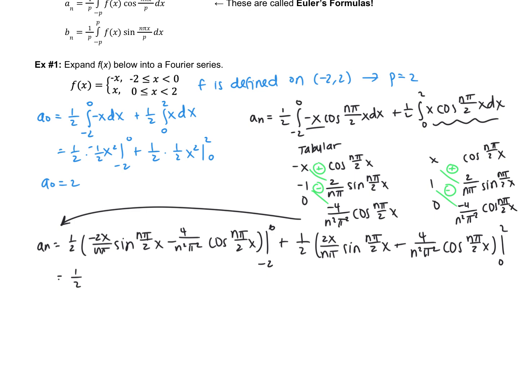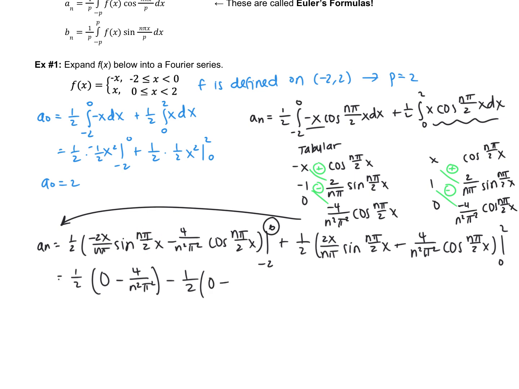Okay, so when we plug in the zeros, I'm going to get 0 subtract 4 over n squared pi squared. So that's substituting in that 0. Then, when I substitute in negative 2, putting negative 2 into this sine, I would have negative pi x, so that's just 0.